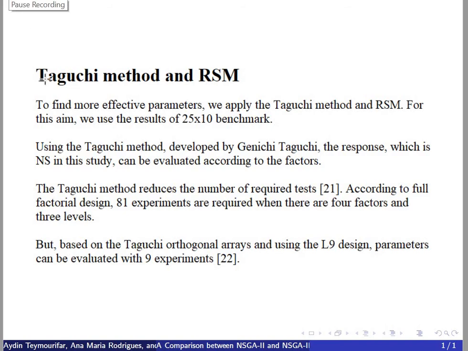Also, before applying the Taguchi and response surface method, we used the ANOVA test for comparison between NSGA-II and NSGA-III results. In the ANOVA test to compare the results of NSGA-II and NSGA-III, the hypothesis H0 was like this: There is no difference between the results of NSGA-II and NSGA-III.